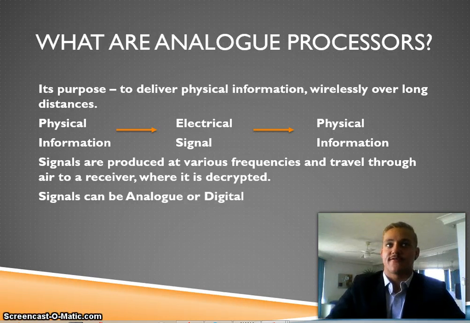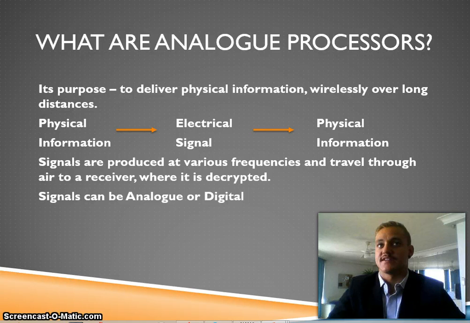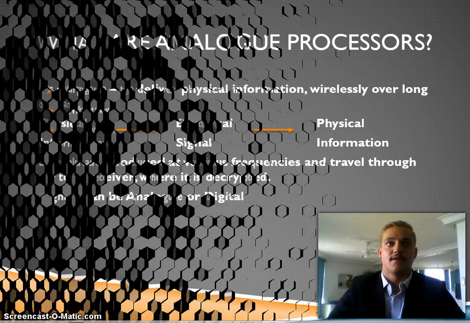Signals are produced at various frequencies by a signal generator and then transferred through a medium, usually air, to a receiver where the signal is decrypted and reproduced as physical information so that we can understand it. The signal can either be generated in analog or digital form.